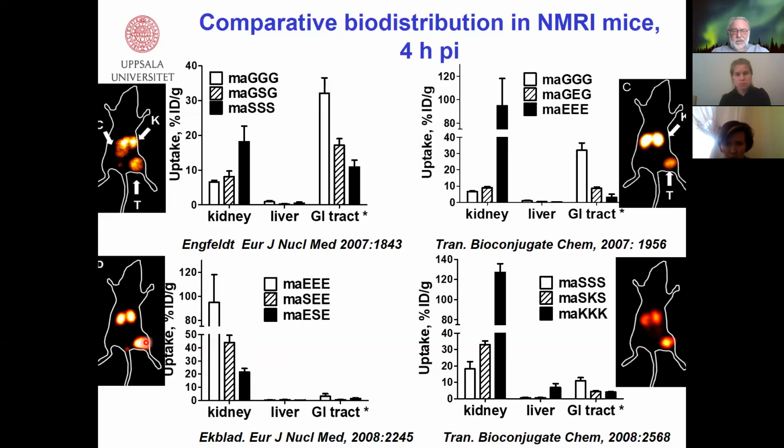So indeed, the sequence of amino acids in the chelator plays a very important role. Here in this mouse image, activity in the tumor is approximately equal to activity in the kidney, and there is no activity in the gastrointestinal tract.